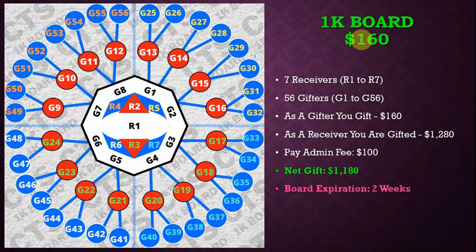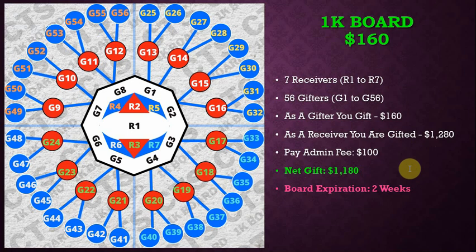So for the 1K board, as I said, the gift is $160. As a receiver, you are gifted $1,280, hence the 1K board. 1K means 1,000. You pay the administration fee of $100, and the net gift is $1,180.